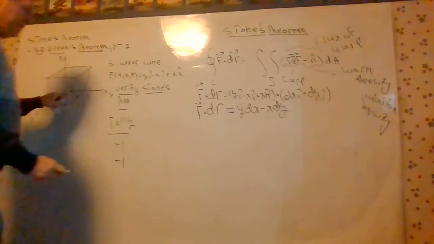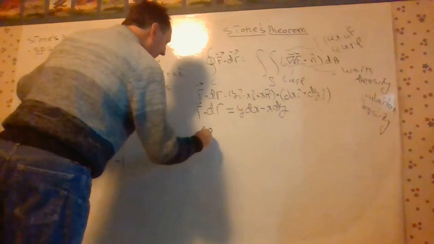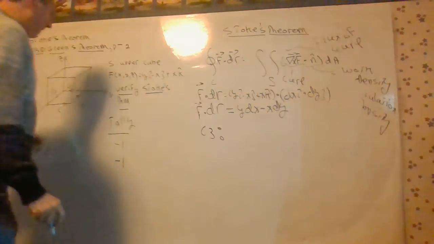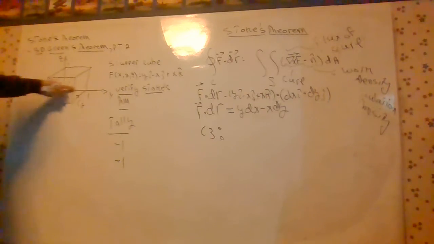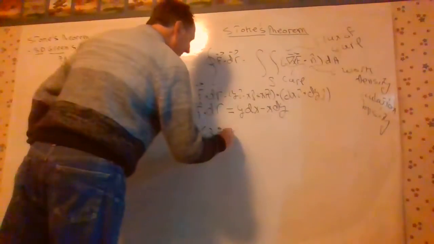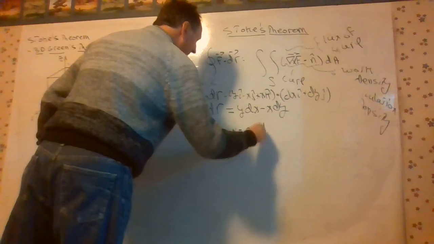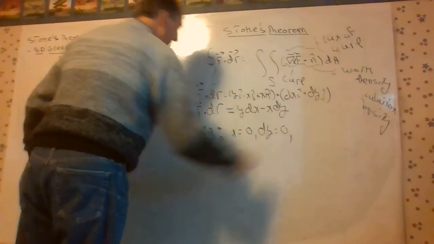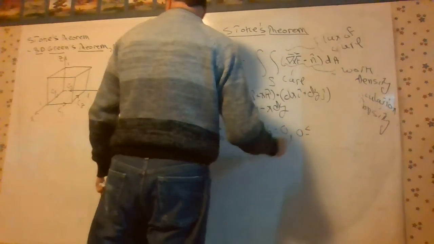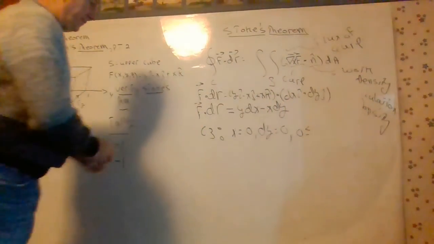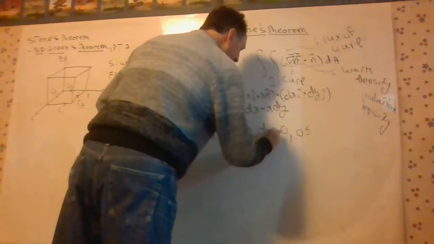And then we can do C3, we're in the back side here. What's happening is x is 0, right? X is 0. dx is 0. Okay, sorry about that, dx, my mistake.